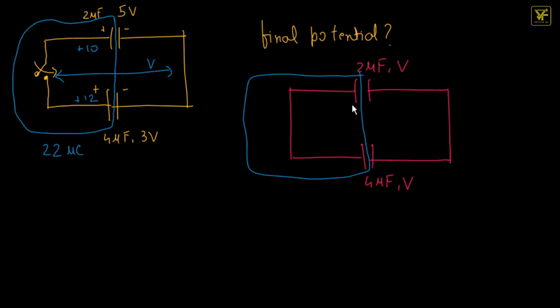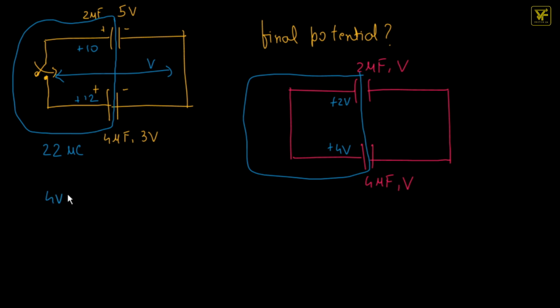The charge on this plate finally is 2 into V, that is plus 2V, and this one is plus 4V. Then this 4V plus 2V should be equal to 22 microcoulombs.